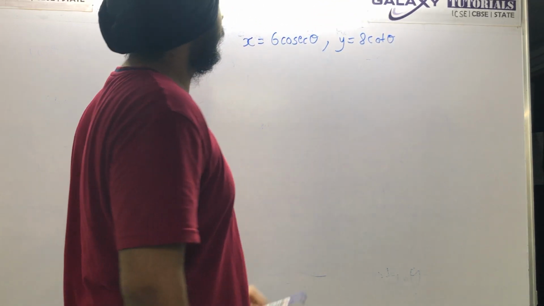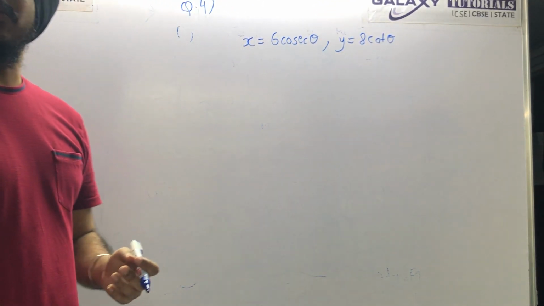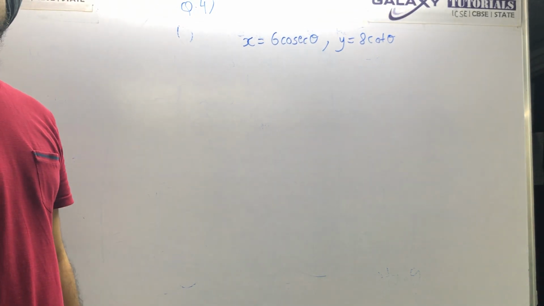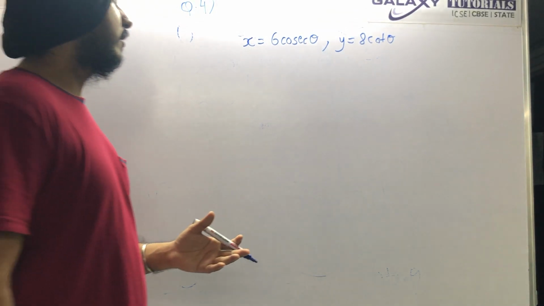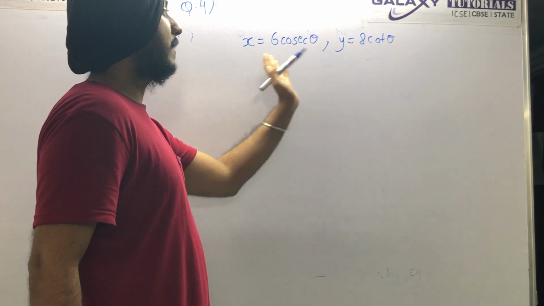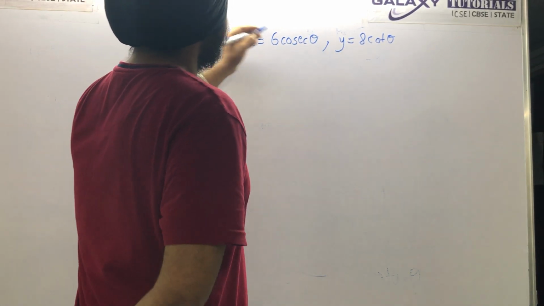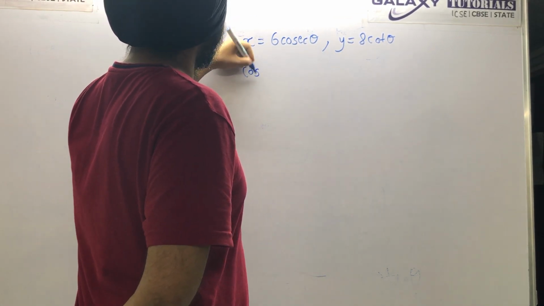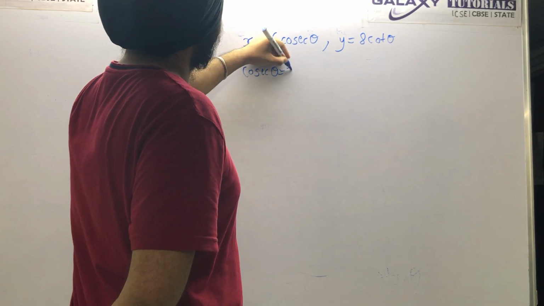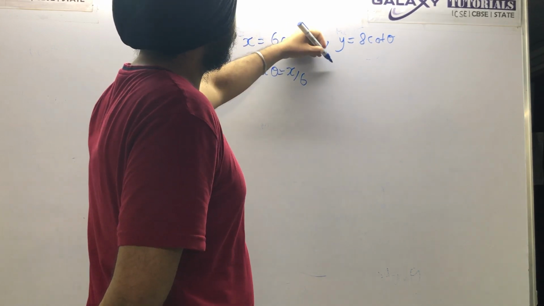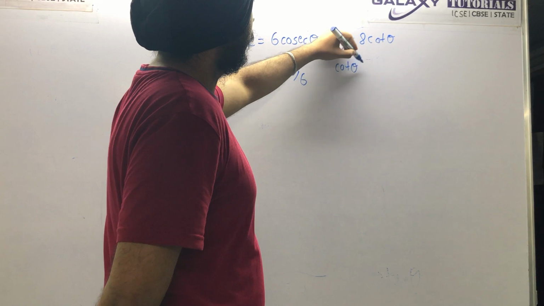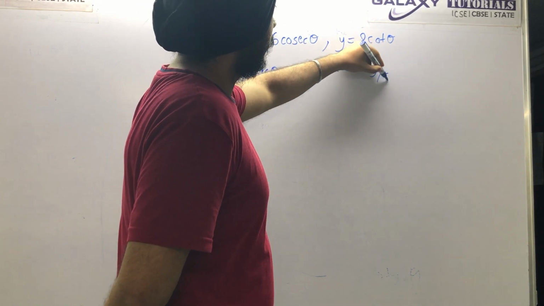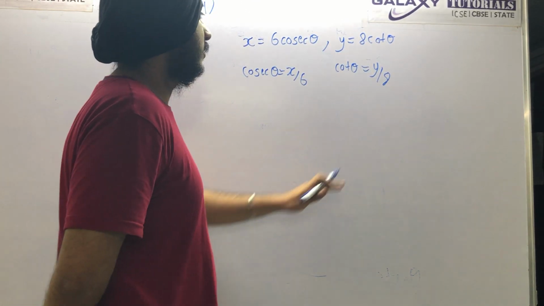Now when you see cosec and cot, it should come to your mind that cosec square theta minus cot square theta is 1. That should come to your mind automatically. So you have to basically separate cosec and cot from 6 and 8. So cosec theta will be x upon 6, cot theta is y upon 8.